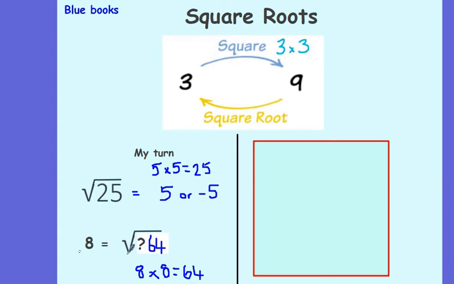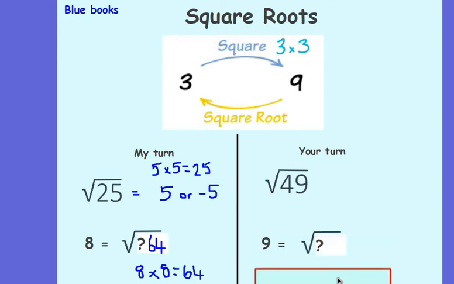So this question is asking me, what number do I get when I multiply 8 by itself? And therefore, what do I need to square root to get 8? Over to you, Year 9. In your dark blue books, can you have a go at these 2 examples? Pause the video for a minute or 2 and work those out now, please.